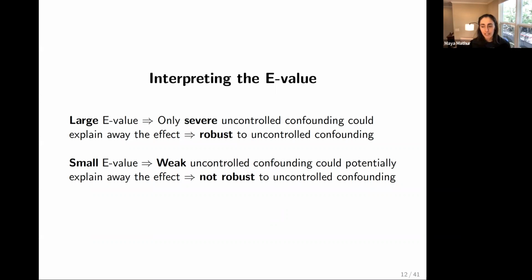I mentioned earlier that we're not needing to make any assumptions on the actual nature of the uncontrolled confounders themselves. I won't say a whole lot about this, but the reason for my saying that is that the E-value is essentially based on a conservative bound such that it considers essentially worst case confounders with a worst case distribution of prevalences and a worst case distribution across levels of the exposure.